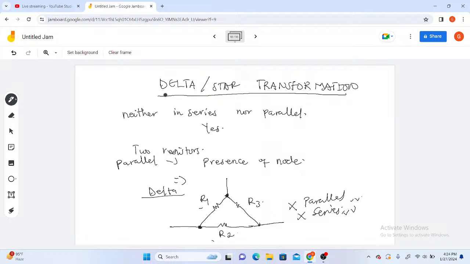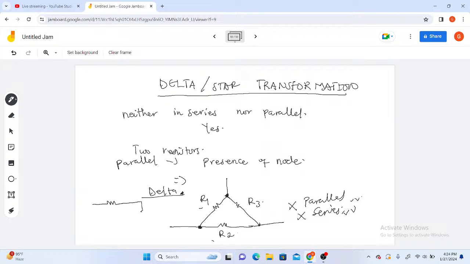Meaning that we can't simplify these three resistors using parallel and series connections, so we introduce a new concept which we call the delta star transformation. If you have any three resistors arranged in this manner, we call it a delta. Please take note, it may not be triangular. It may also be in a rectangular form this way.